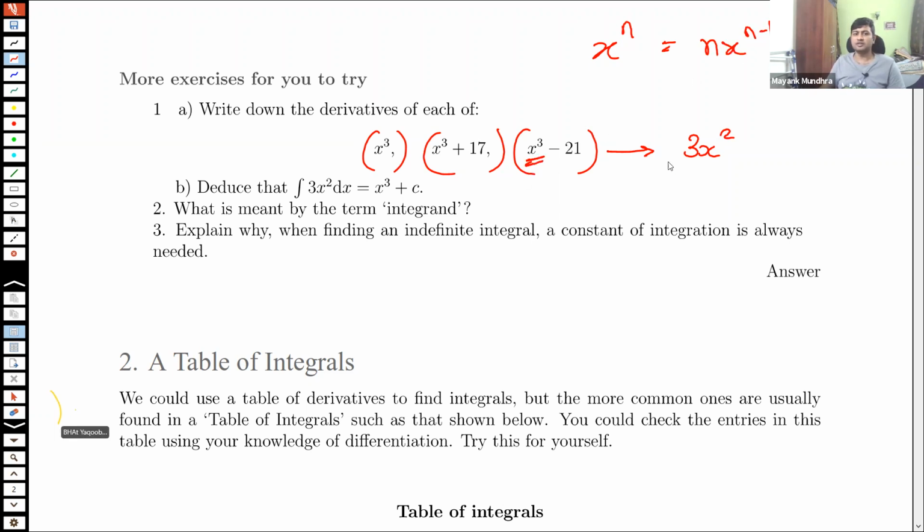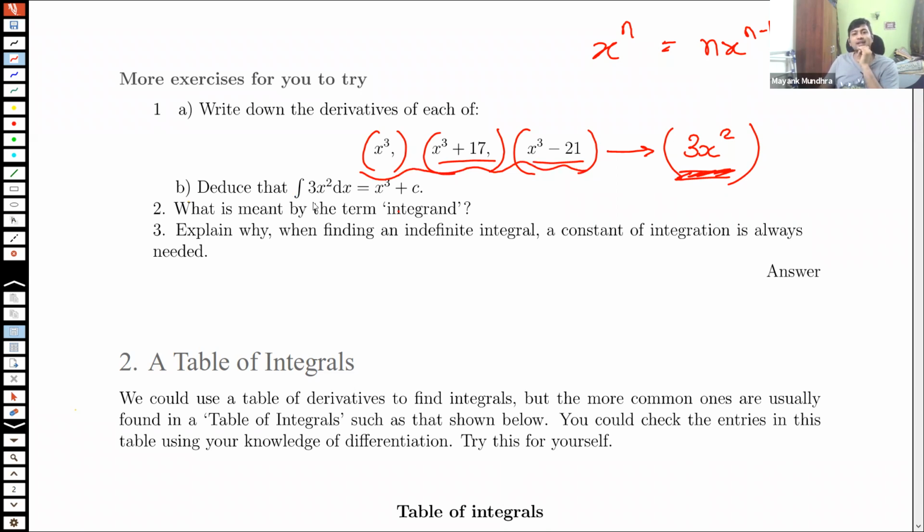So x cube's differentiation will be 3x squared. The differentiation of all these functions is going to be 3x squared.